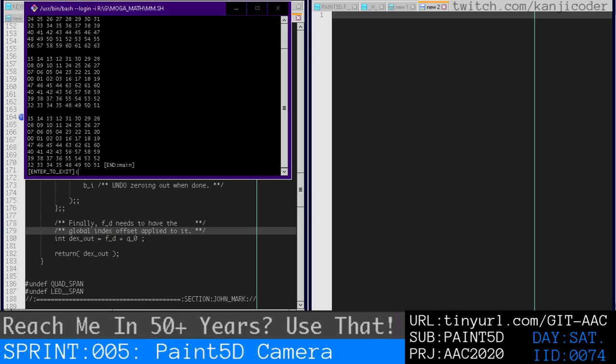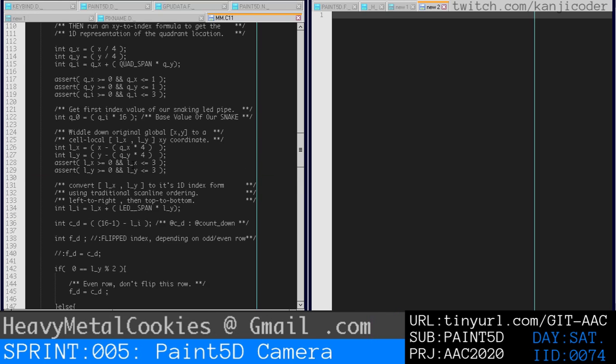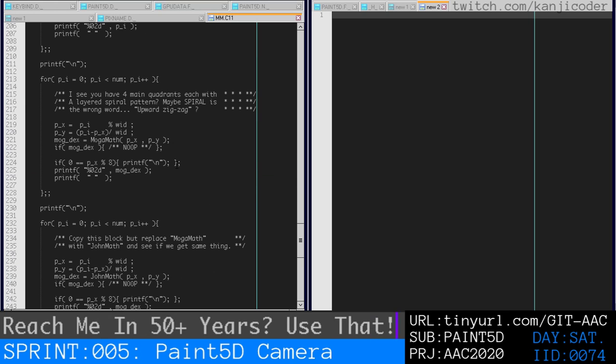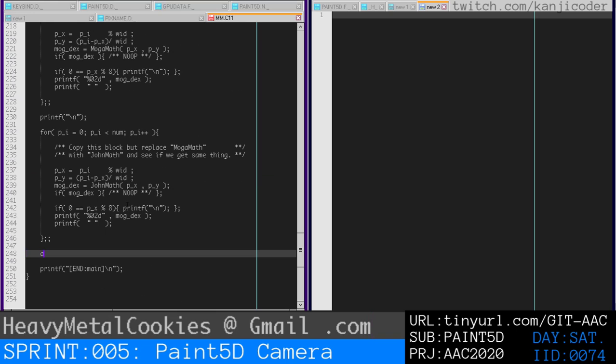So now, 15, 14. So Moga's stuff, and my stuff. Okay, so now one last check we can do to make absolutely sure. Assert, make absolutely sure our math matches.